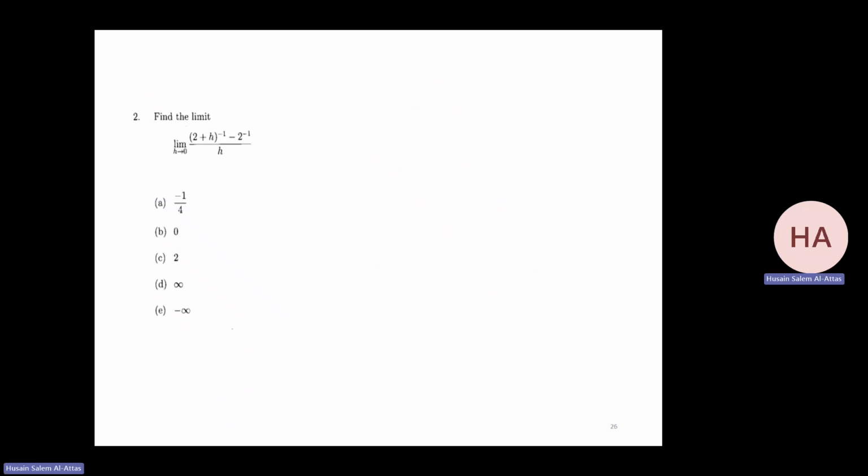This one, you need to simplify it. If we substitute, you get 0 over 0: 2 minus 2, 2 to the power minus 1, half minus half over 0, 0 over 0. So I need to simplify this one. Do the calculation. It will be 1 over 2 plus h minus 1 over 2, all over h. So substituted directly, 0 over 0. So I need to simplify this.